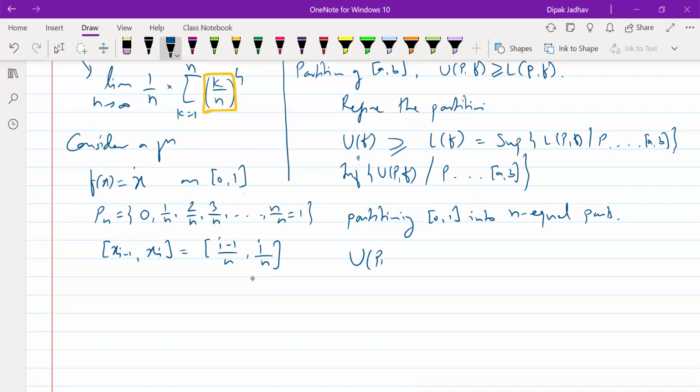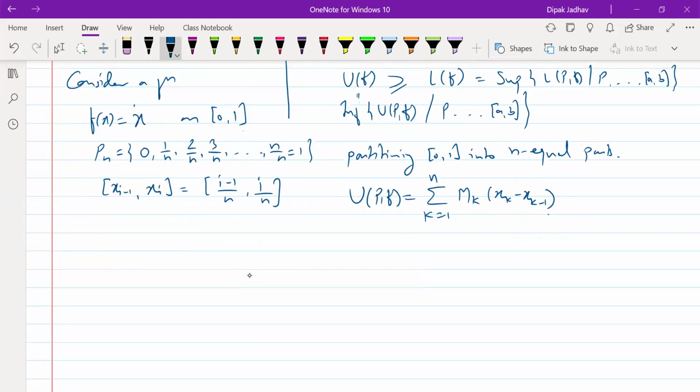So by definition, the upper Riemann sum is summation k from 1 to n of M_k into (x_k minus x_{k-1}). That's the length of the kth subinterval. And what is M_k? M_k is the supremum of f(x) where x belongs to the kth subinterval x_{k-1} comma x_k.